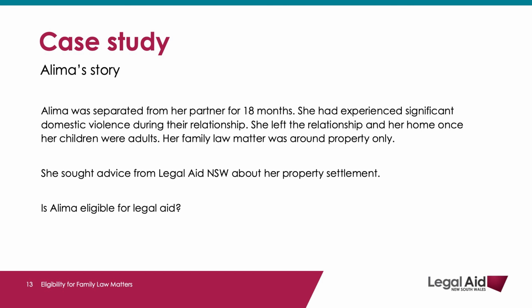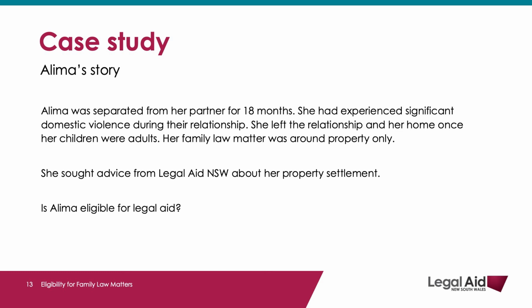Well, Alima has applied for a property only matter, and that means yes, she is eligible, as you no longer need to have children's matters. You can have a property only matter. She had experienced domestic and family violence. She's not retaining her home, but she's experienced domestic and family violence, which will impact on her ability to negotiate a fair settlement. So Alima applied for legal aid and she was granted legal aid.